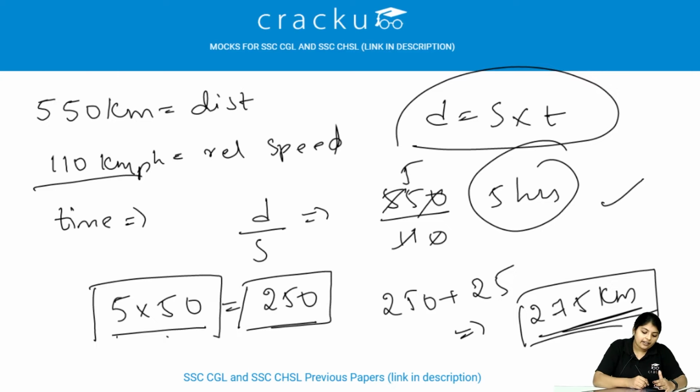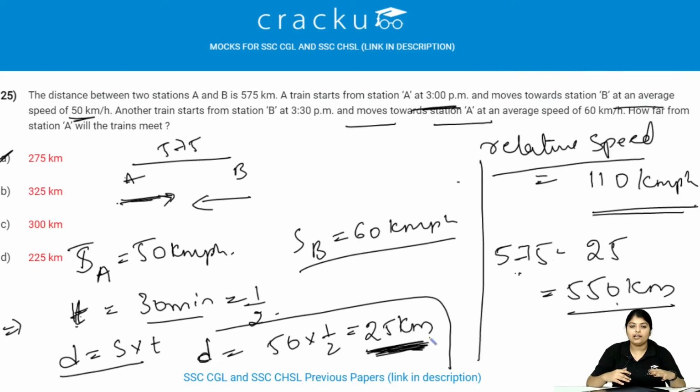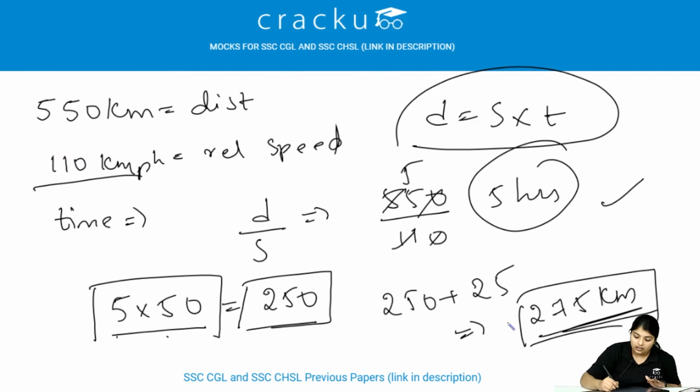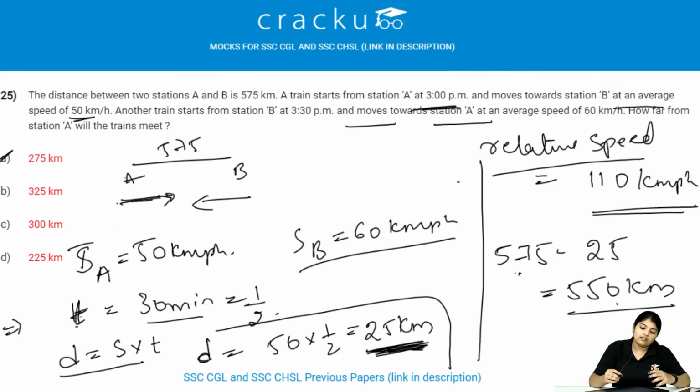But it has also travelled 25 kilometers in the first 30 minutes. Therefore we have to add it, 250 plus 25, which is 275. This is the answer. This is 275 kilometers far from station A where the trains will meet.